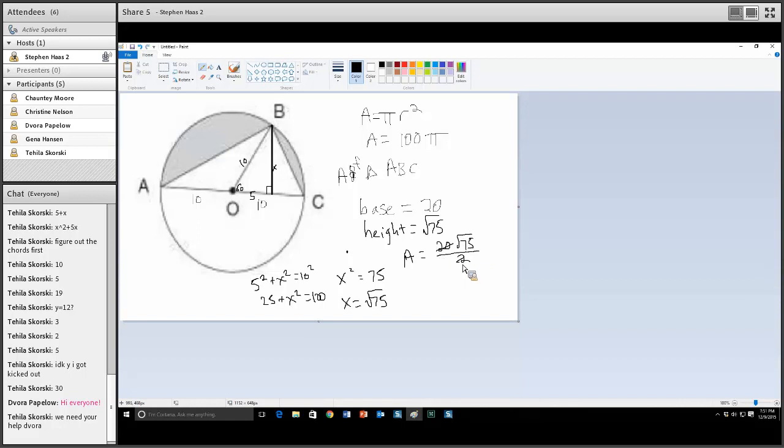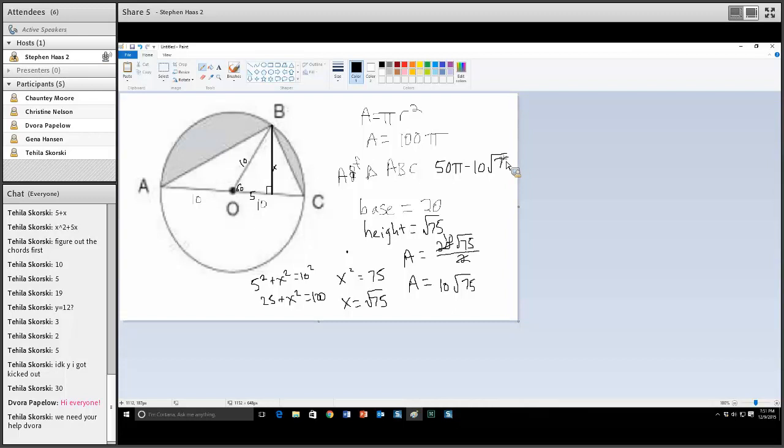Well, this can cancel this, and that makes 10. So the area is 10 times the square root of 75, which means that our shaded region is half the circle, this whole semicircle here, which is half of 100 pi. So it's 50 pi minus 10 times the square root of 75.